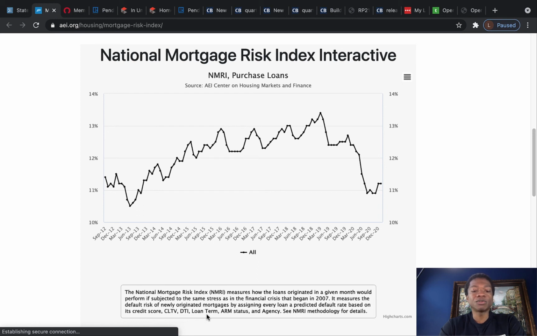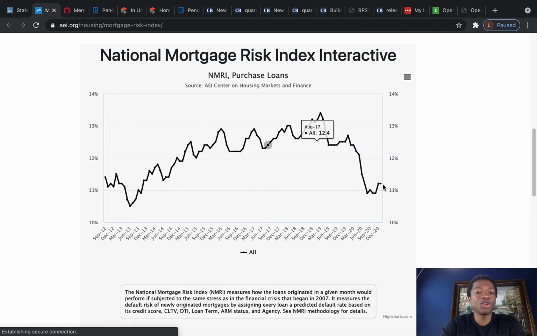They look at the long term, the ARM status, and then the agency. And so what this 11.2% means is that 11.2% of the loans that were made in January of 2021 would have started to go down that foreclosure path had these same circumstances been in place in 2007.